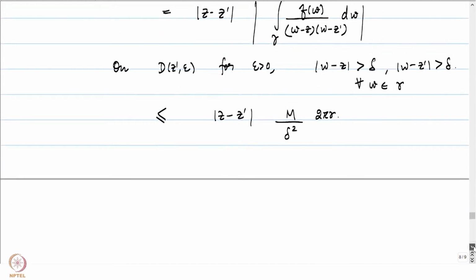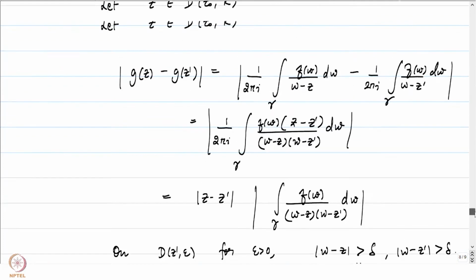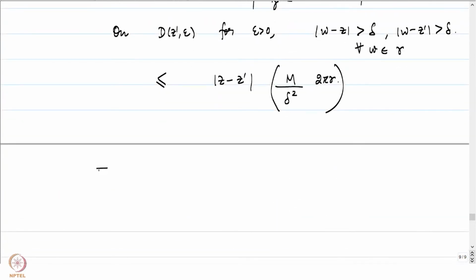So if you notice, the entire thing in this bracket is a constant, and if you take our epsilon to be small enough, we can make our right hand side as small as we want, and this tells us that g is continuous at z prime.